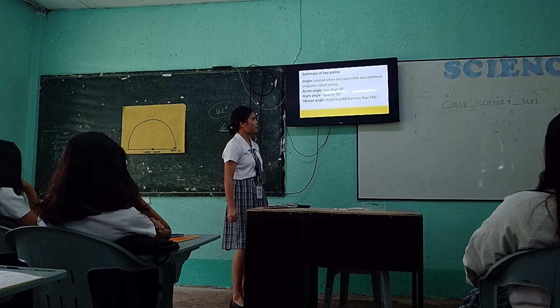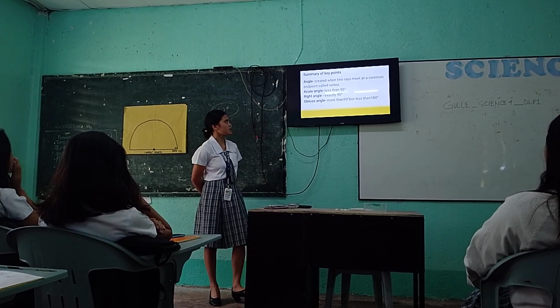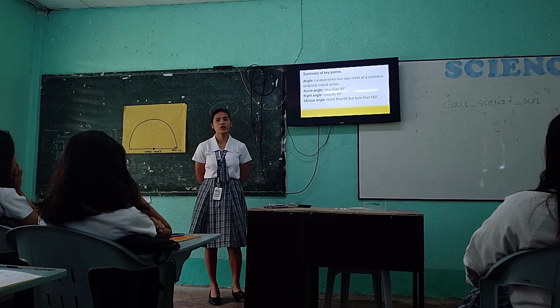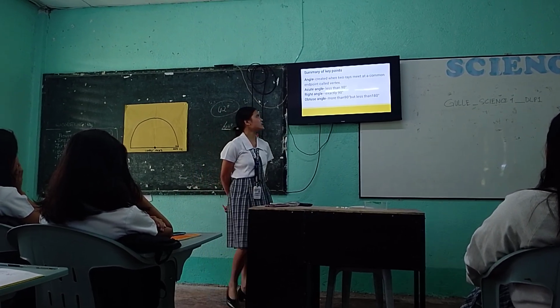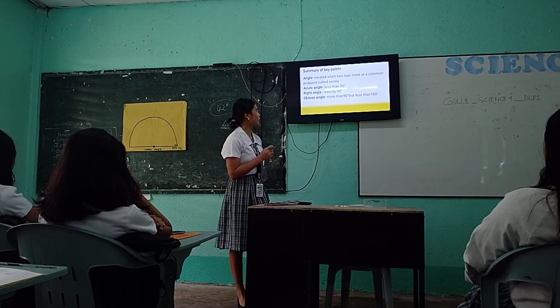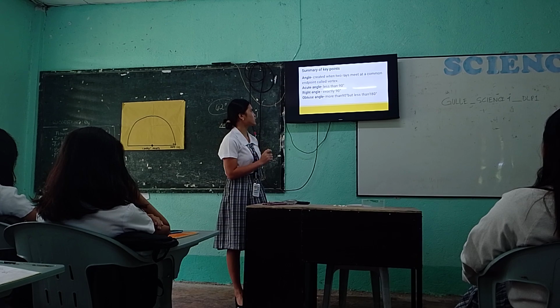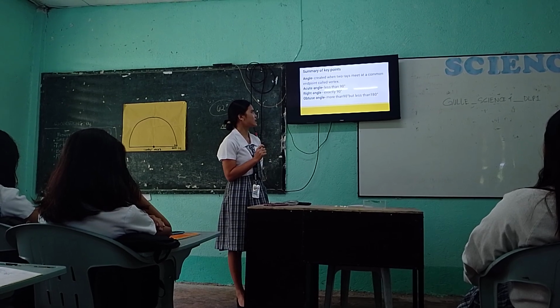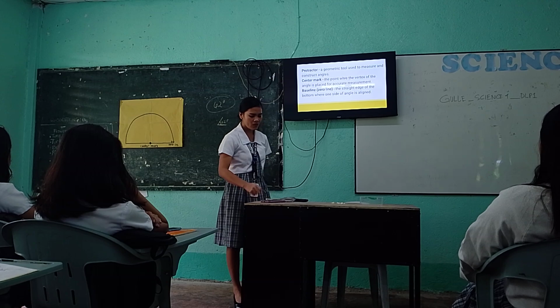Summary of key points. Angle, created when two rays meet at a common endpoint called vertex. Acute angle measures less than 90 degrees, while right angle measures exactly 90 degree, and obtuse angle more than 90 degree but less than 180 degree.